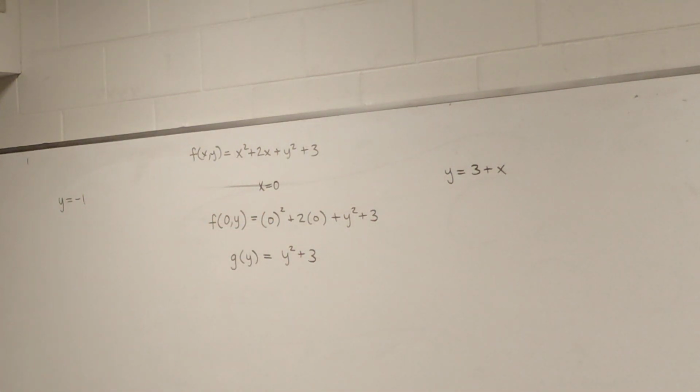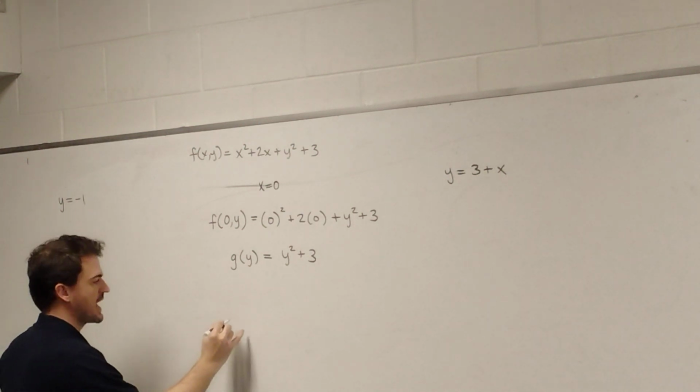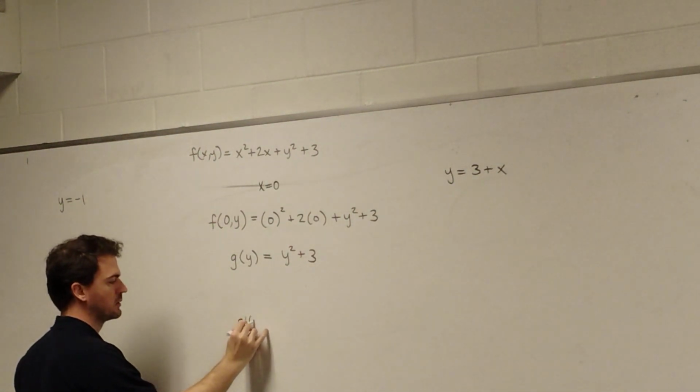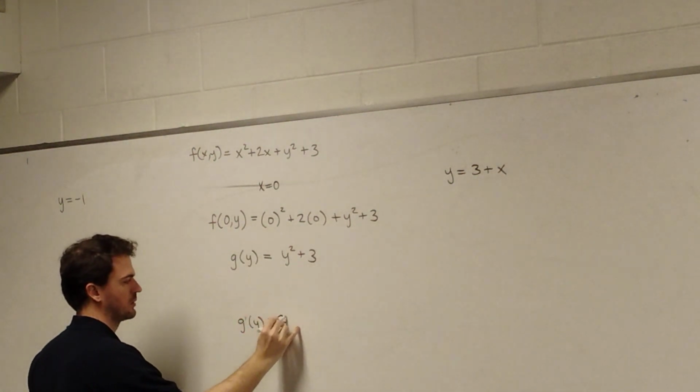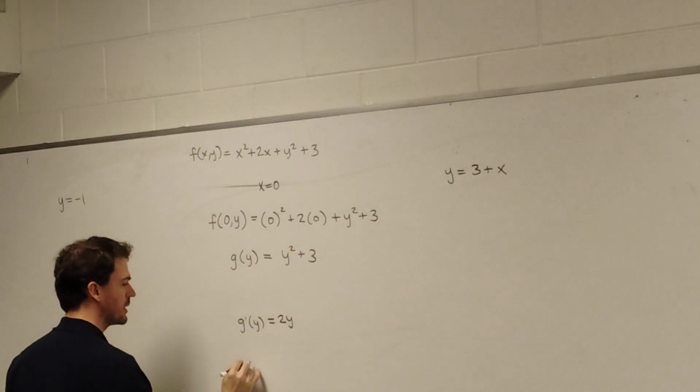Calc 1, this would have been easy breezy. And you just want to find the extrema along that boundary. So find the critical numbers. Take the derivative, set it equal to 0.